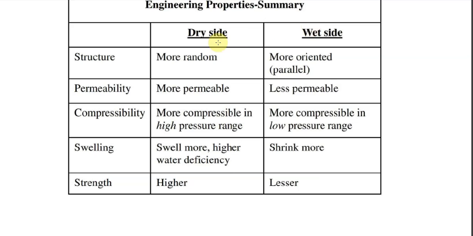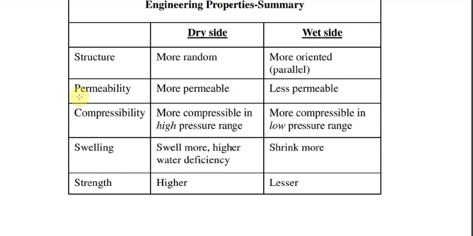We have to achieve more strength and sometimes we have to achieve less compressibility and we don't want the soil to swell and we want less permeability, etc. Density is not the only desired parameter when we are working in the field. There are other parameters like permeability, compressibility, swelling, strength.